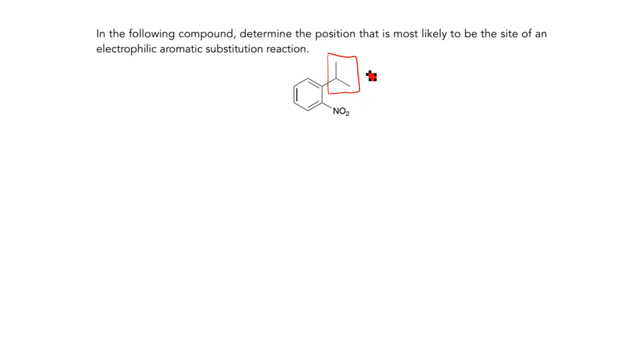This is a weak activator, right? An alkyl group is always dubbed as a weak activator due to its hyperconjugating effect. An NO2 group is a strong deactivator. And remember what we said, that activators always win. Deactivators always lose. So even though this is a weak activator, it's going to win over the strong deactivator.